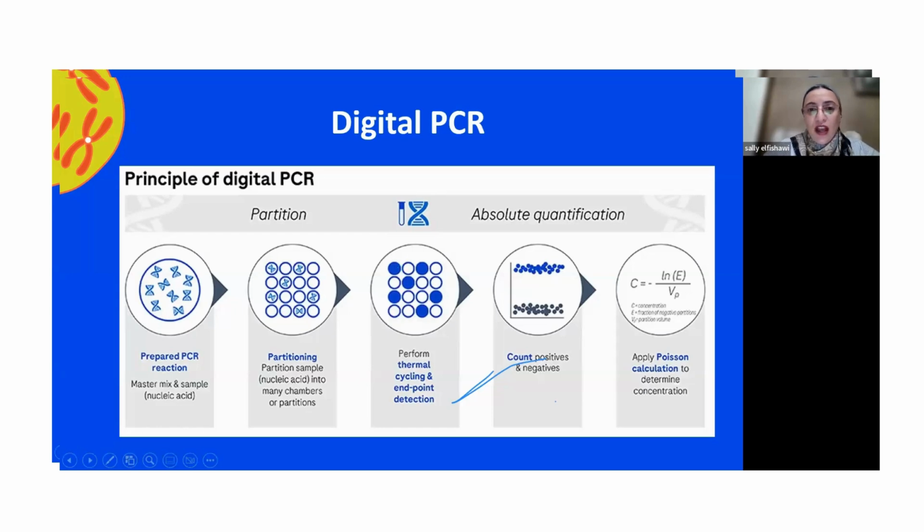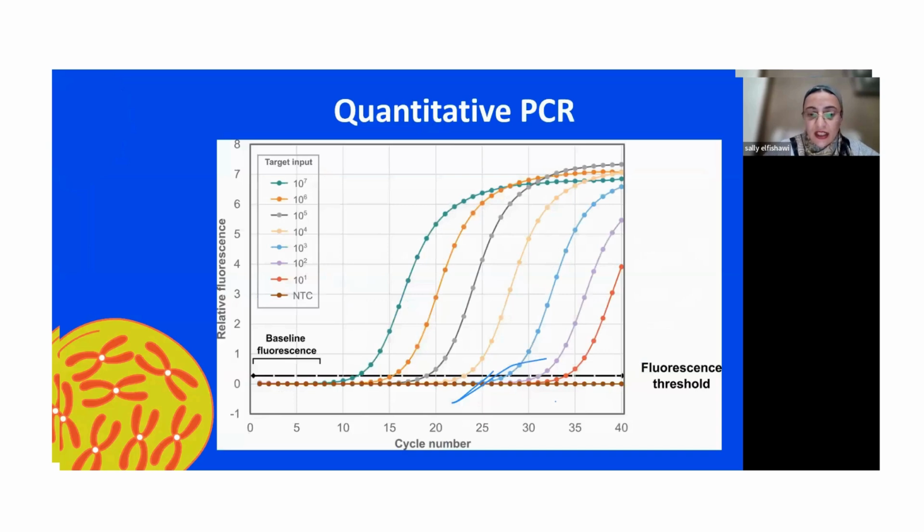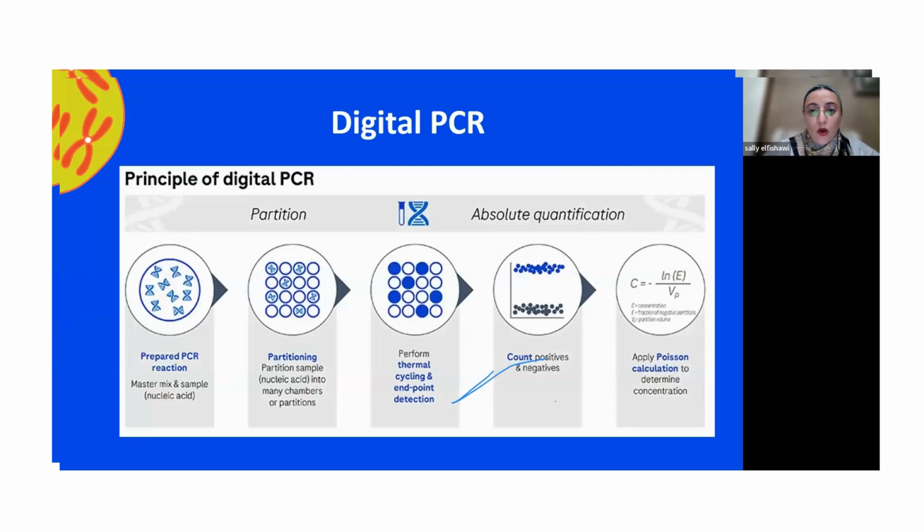So instead of having the collective, as here, this is the collective of all the molecules that are there in the solution in the quantitative PCR, we partition the solution in hundreds of thousands of partitions so that the machine can detect a single molecule. And whenever the machine can detect a single molecule, this gives us the power of absolute quantitation.